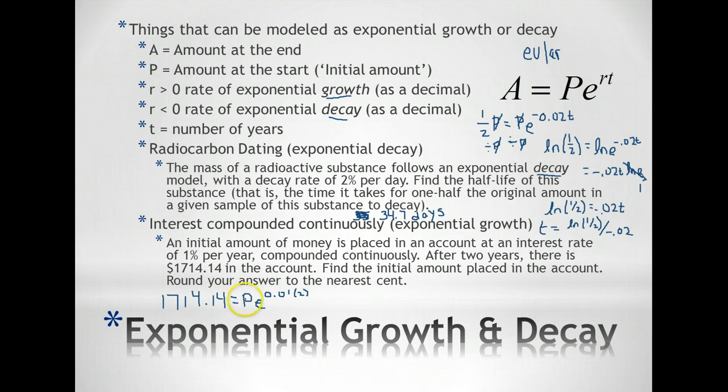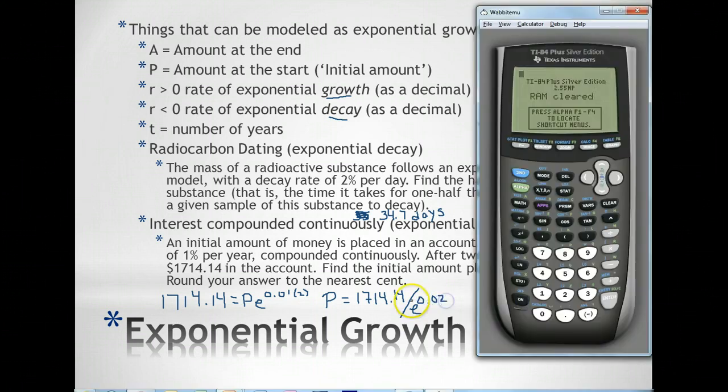So I need to figure out what P is. I'm going to divide both sides by the e raised to that power. So this is a simple substitution problem. It's not nearly as complicated as the previous one. 1714.14 divided by e, 0.01 times 2 is 0.02, so e raised to the 0.02.